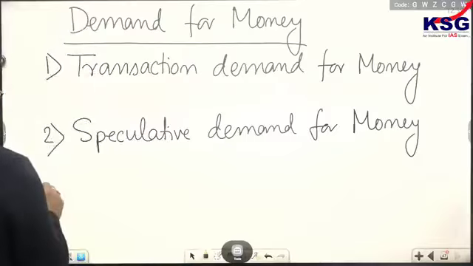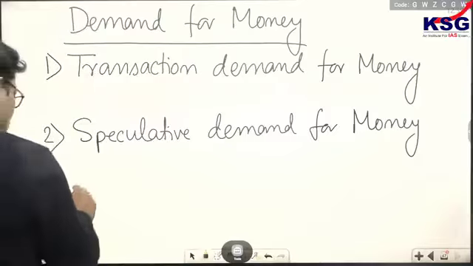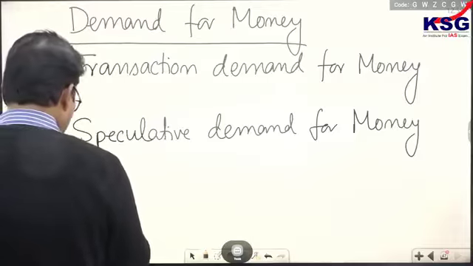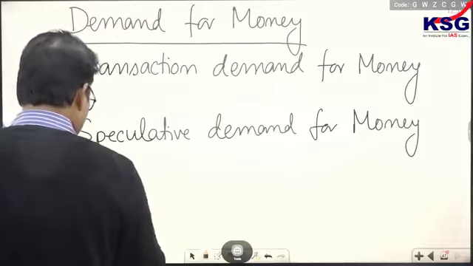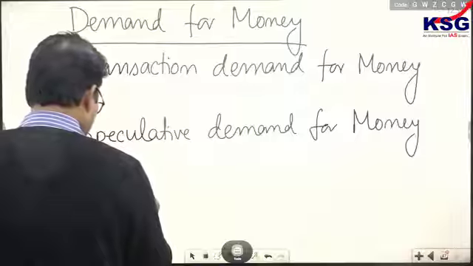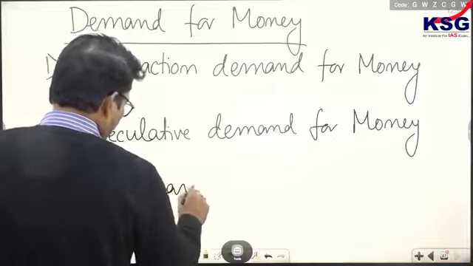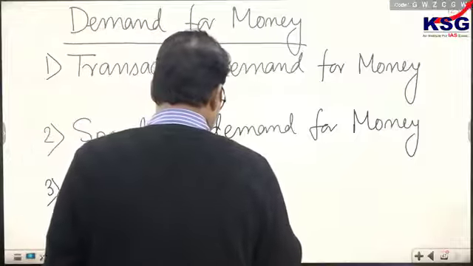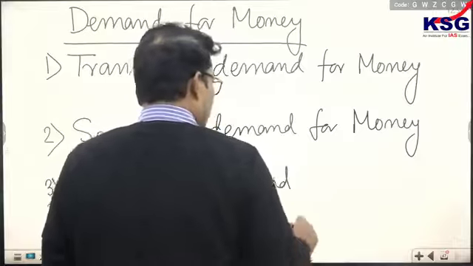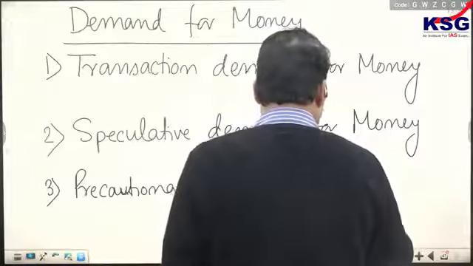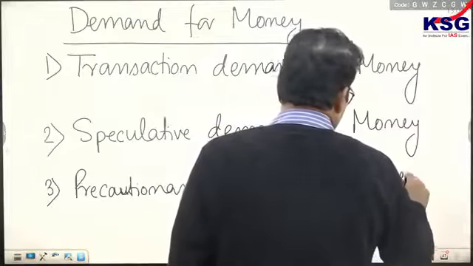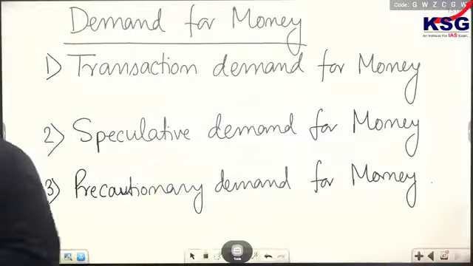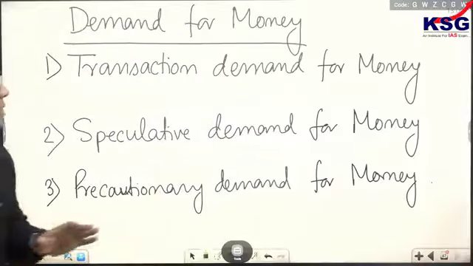And one more motive is precautionary demand for money. So if you see the whole economy, we demand money for three purposes and three motives.